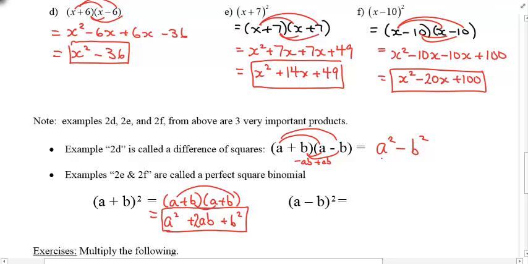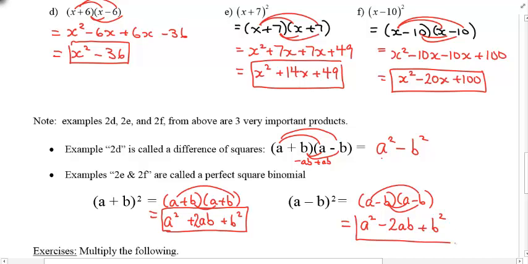I'm not going to ask you to memorize, I'd rather have you understand. And similarly with a minus b, if you multiply this out, you'll get the a squared. You'll get minus ab with another minus ab, so that's minus 2ab. And then negative b times negative b, of course, is just positive b squared. So notice how this one looks very similar to the previous one, except minus here, plus here.